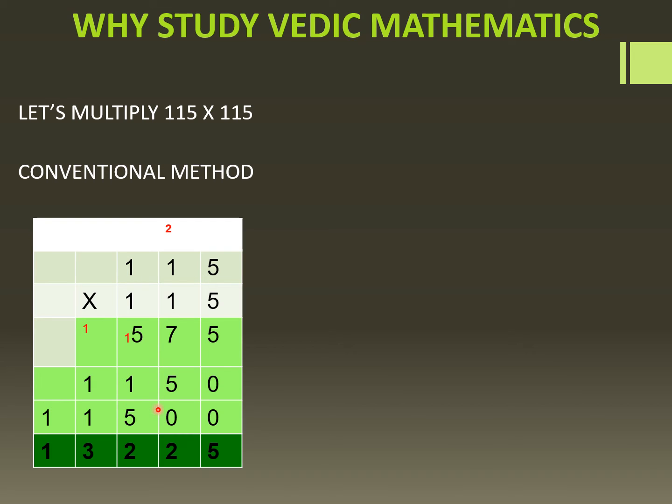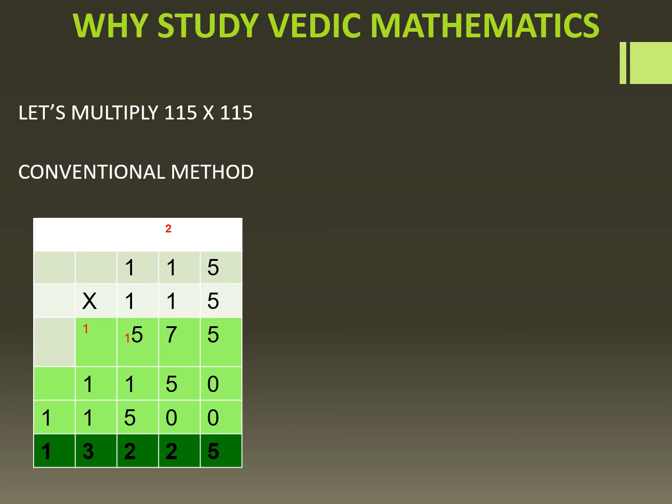So that's our three steps and we add all these numbers together. So we get 5 here, we have 12 here with 1 carried over. Then we have 12 here with 1 carried over. And then we have 1 plus 1 plus 1, which is 3, and then 1. So 115 multiplied by 115 is 13,225. That's how we solve it by the conventional method.